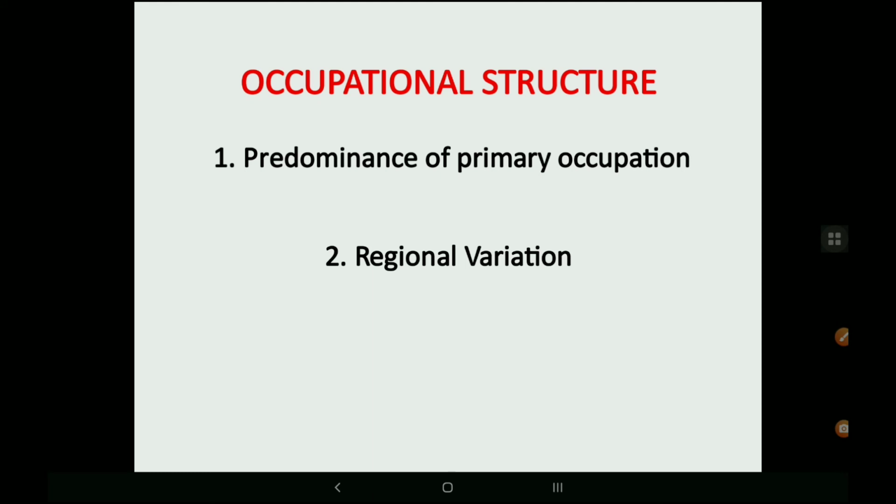Now the second is regional variation. Another striking aspect was the growing regional variation. The states of Tamil Nadu, Andhra Pradesh, Kerala, Karnataka, Maharashtra, and West Bengal witnessed a decline in dependence of workforce on the agricultural sector with an associated increase in the manufacturing and service sectors.